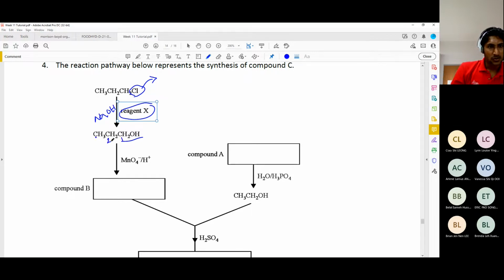And then what is the name for this compound? 1, 2, 3. This is methane, ethane, propane, propanol, right? Potassium permanganate is a strong oxidizing agent.